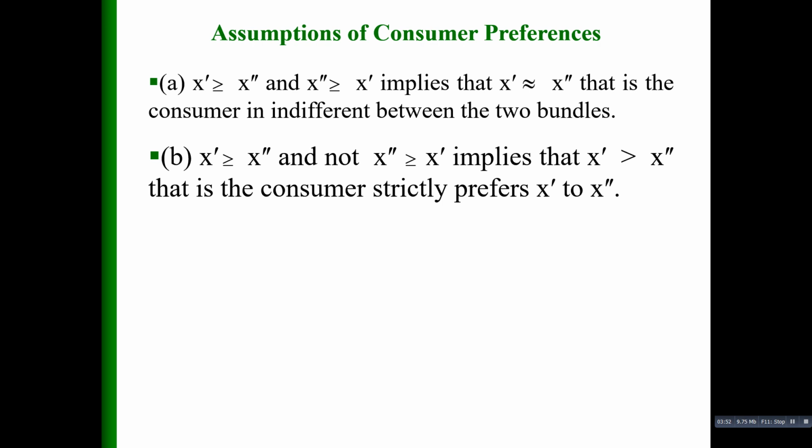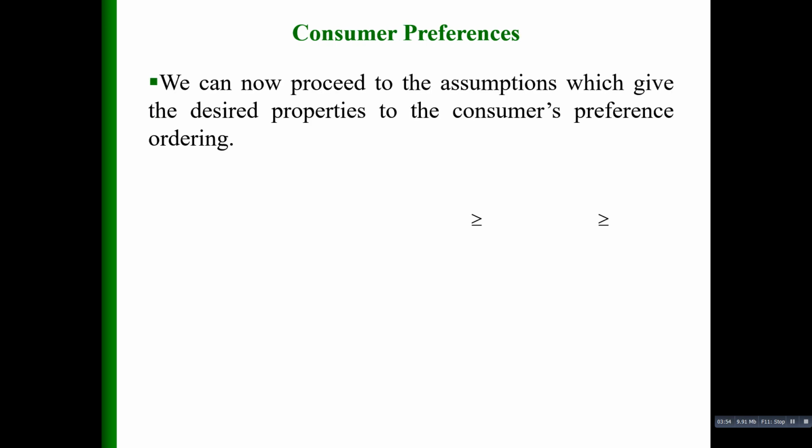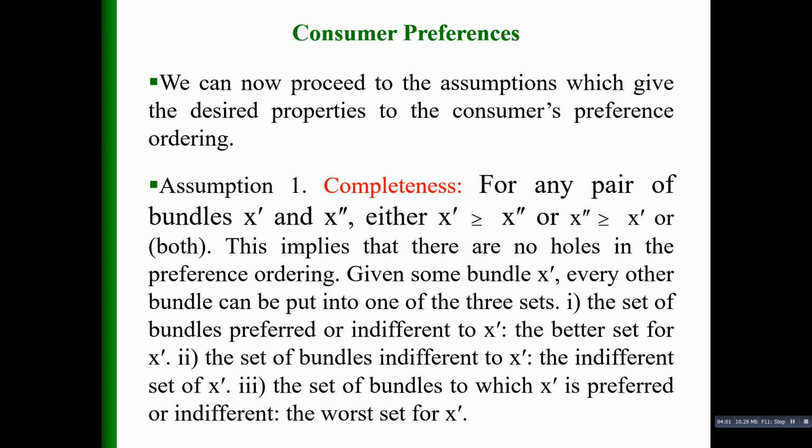We can now proceed to the assumptions which give the desired properties to the consumer's preferences ordering. Assumption number 1, completeness. For any pair of bundles, x prime and x double prime, either x prime is greater than or equal to x double prime, or x double prime is at least as good as x prime, or both. This implies that there are no holes in the preference ordering.